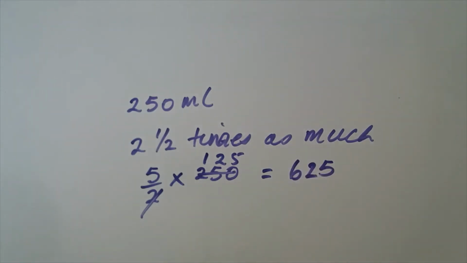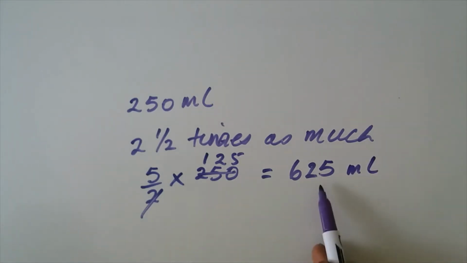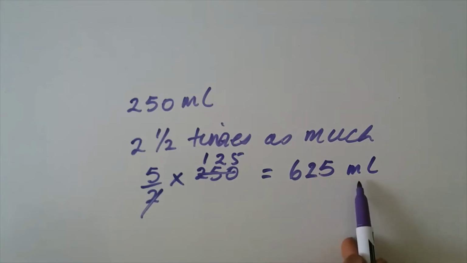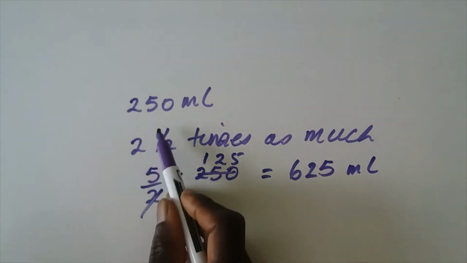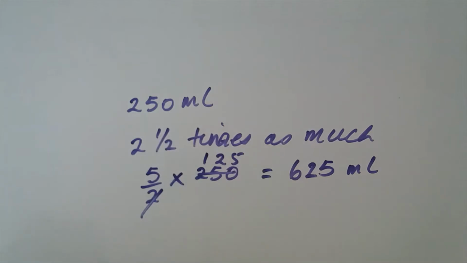So the question asks, what is the larger bottle's capacity? It's 625 milliliters. So 625 milliliters is 2.5 times as much as the smaller bottle, which contains 250 milliliters.